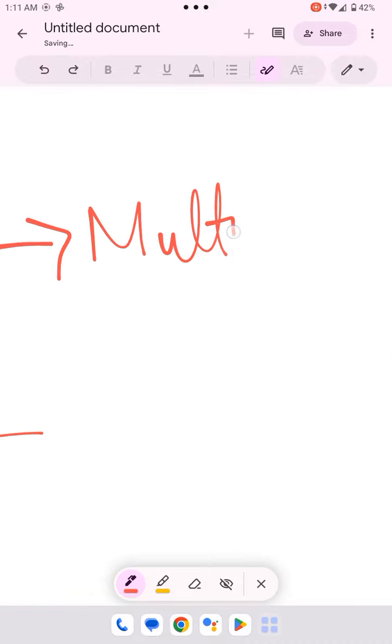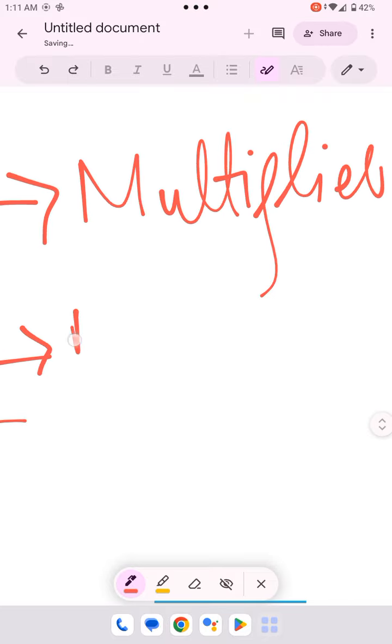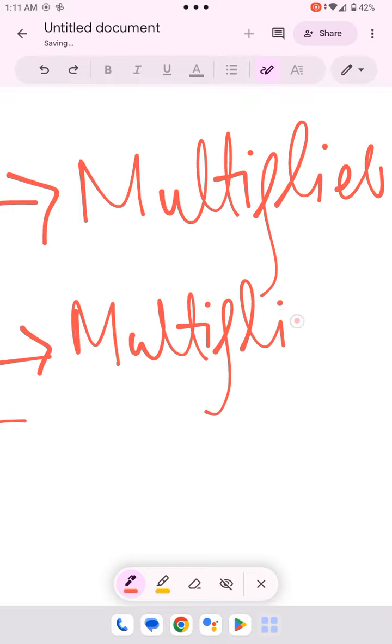Okay, so I was saying, if you do 3 times 4, it would be 12. So 3 is in fact the multiplier. You call it a multiplier. And 4 is the number with which you multiply 3, the multiplicand.